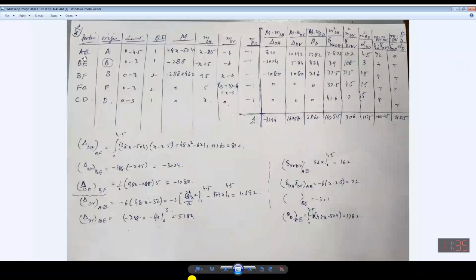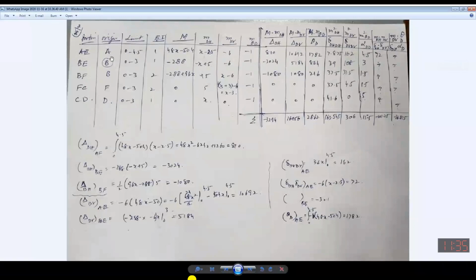Now I have segregated all the segments of this structure: AE, then EB, the BE, then BF, then FC, and then CD. I have chosen arbitrarily, according to my own choice, the origin. Any point can be taken as origin.